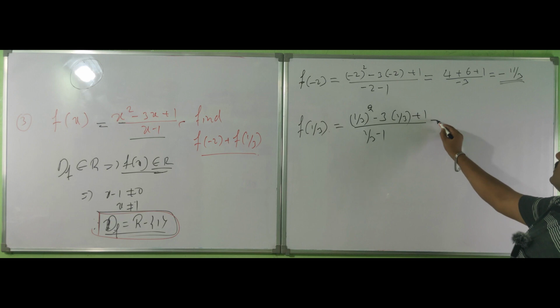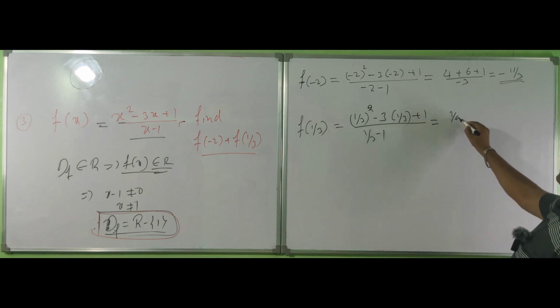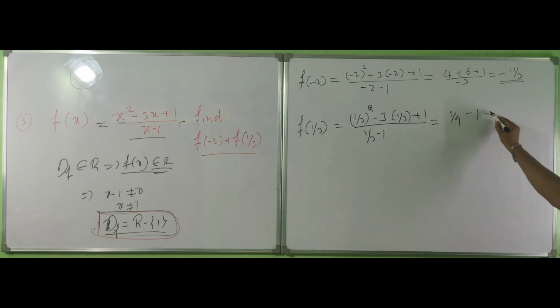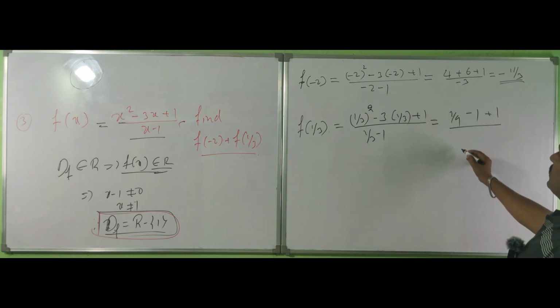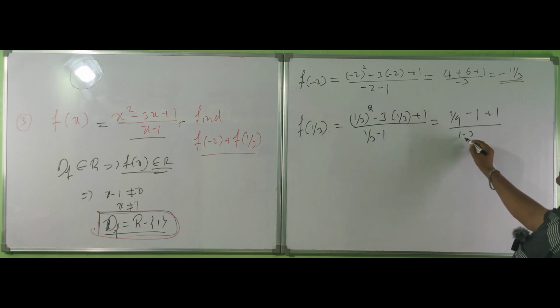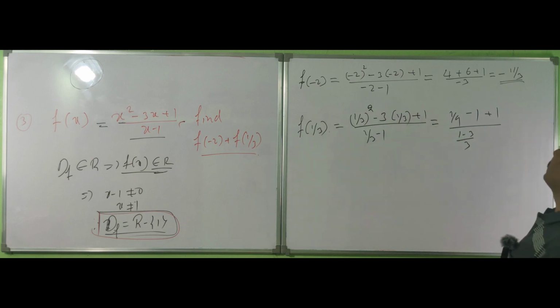This becomes 1 by 3 means 1 over 9 minus 1, the 3s get cancelled, plus 1 and 1 by 3. 1 by 3 minus 1 is 1 minus 3 divided by 3.